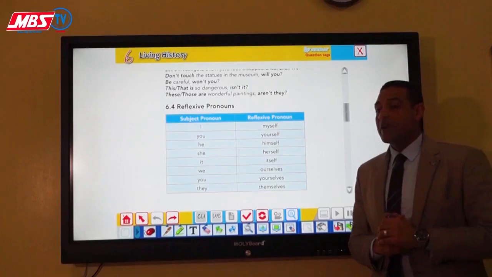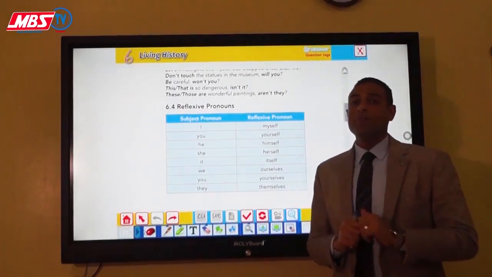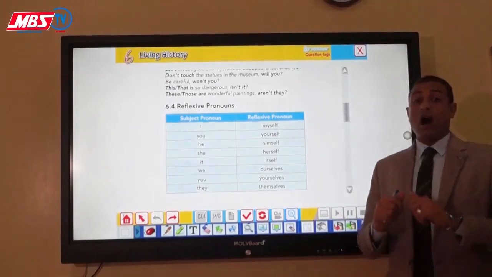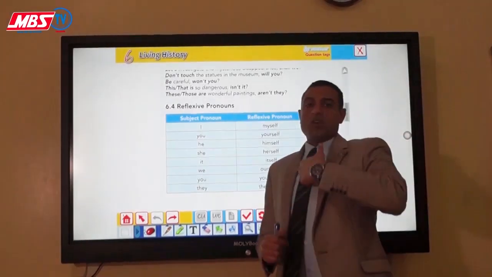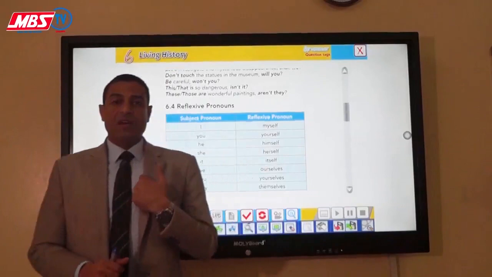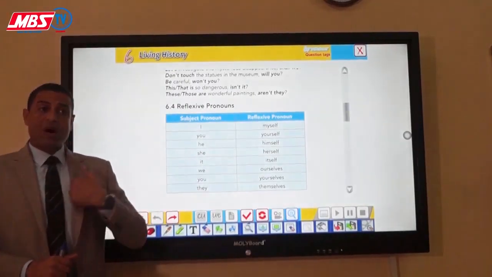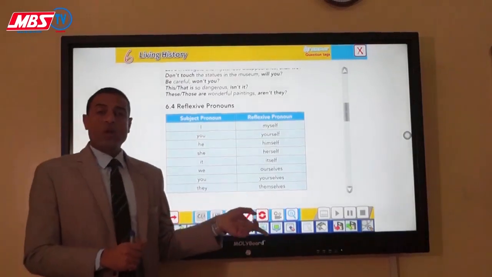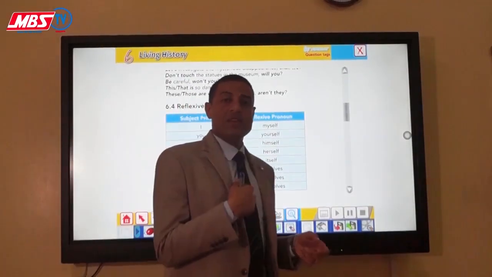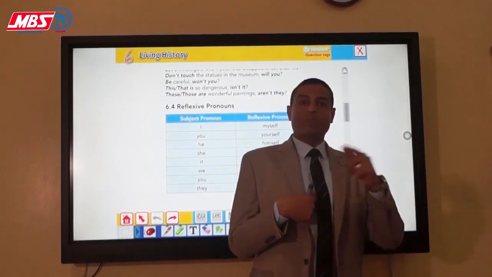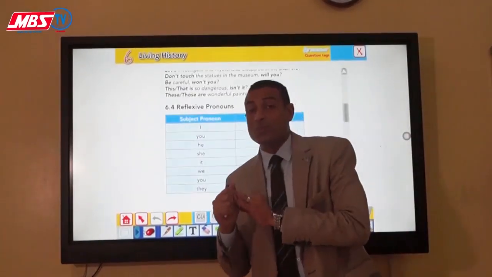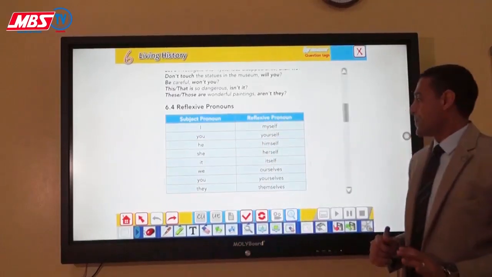For example, I helped myself carry the bag. Here, I and the object are the same. I is the subject, I'm the one who did the action, and I'm the one who comes after the action. It's me. So I cannot say I helped me. No, I helped myself, because here the subject and the object are the same person.